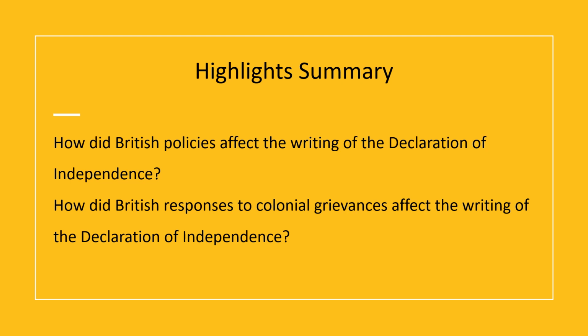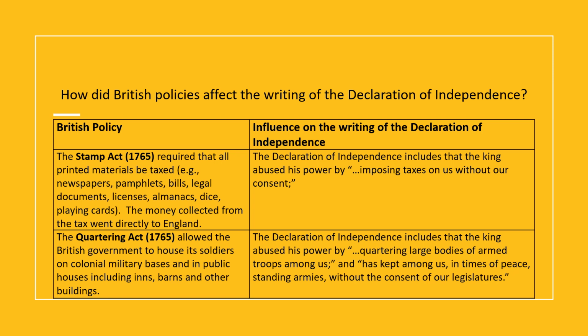So how did British policies affect the writing of the Declaration of Independence, and how did British responses to colonial grievances affect it? So how did British policies affect the writing of the Declaration of Independence?